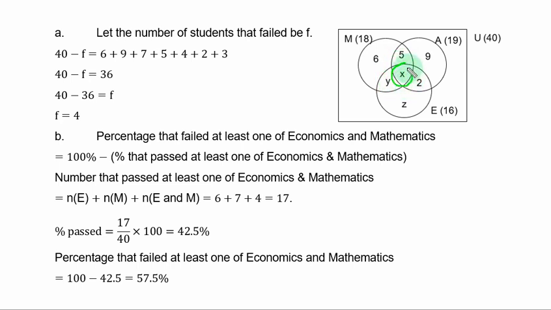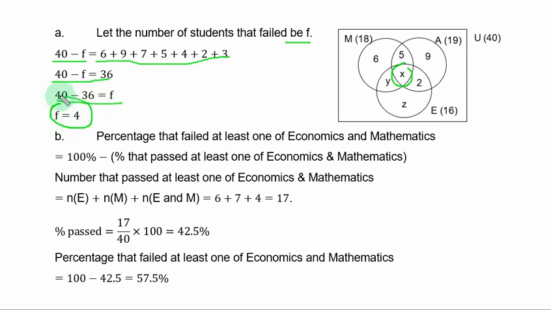For you to get those that failed all 3 subjects, let the number be F. So you subtract it from the universal set and equate it to the addition of all the elements in the universal set. That gives this. If you transfer minus F to the right and 36 to the left, you have this result, and F is equal to 4.